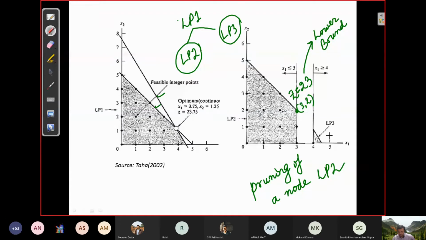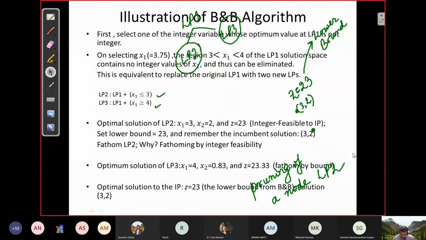When you solve LP3, you will get this point as the optimal solution. And what is the value reported here? It is x1 equal to 4, x2 is 0.83 and z is 23.33.